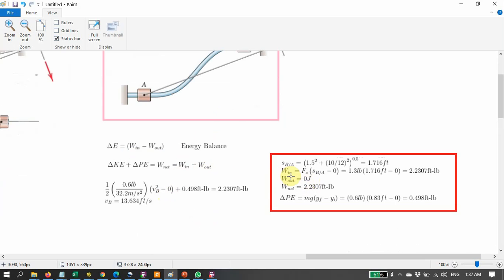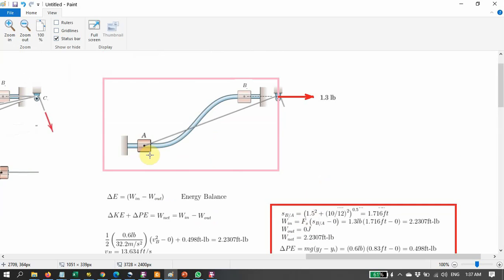And then for work in, work done by the force of 1.3 pounds and the distance traveled by the collar, we have the square root of 1.5 feet squared plus 0.83 squared, we get about 1.716 feet.